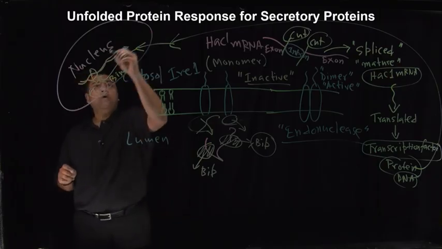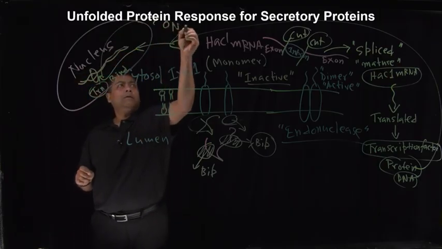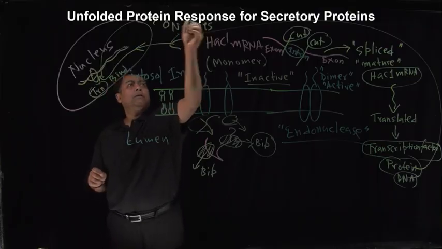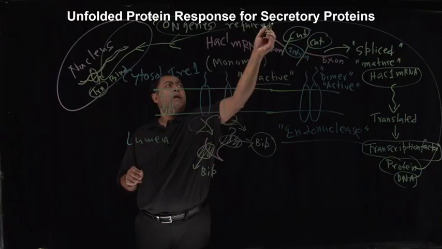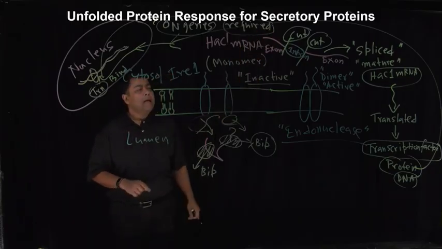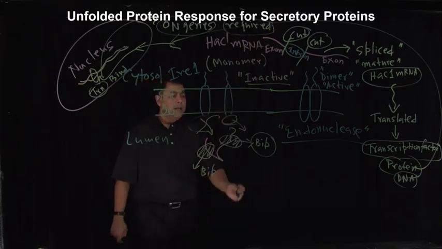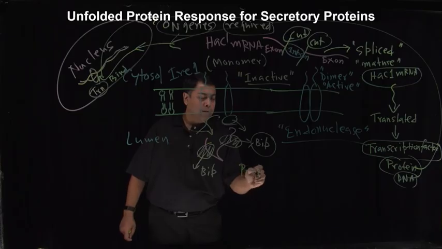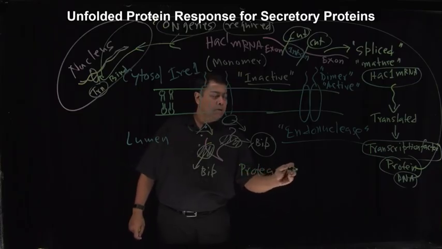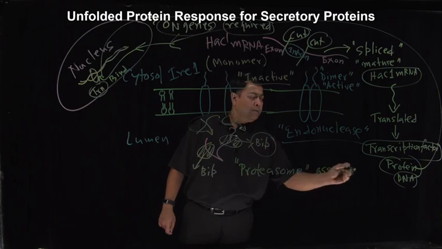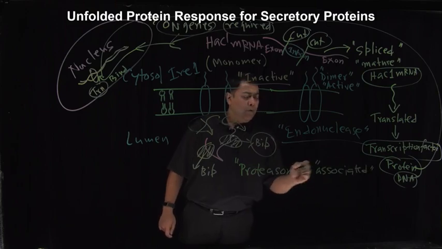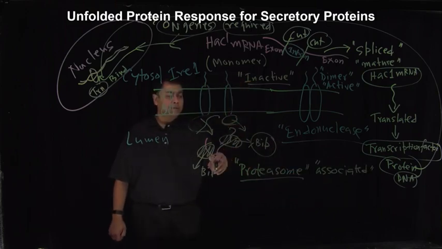So, turn on genes required, and this is a number of genes, not only one. Some of them could be proteasome associated. Proteasome associated means that these are the machineries which will degrade the unfolded protein.